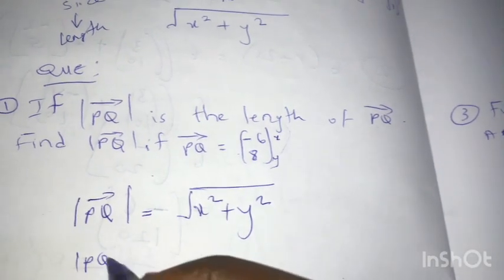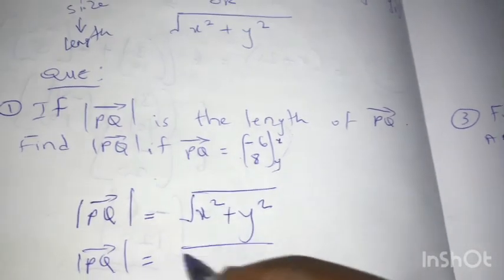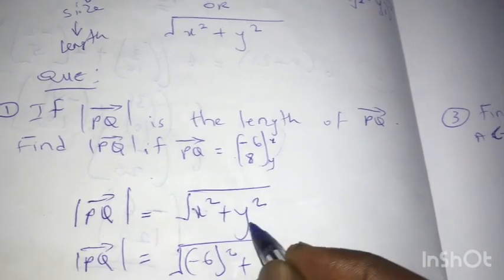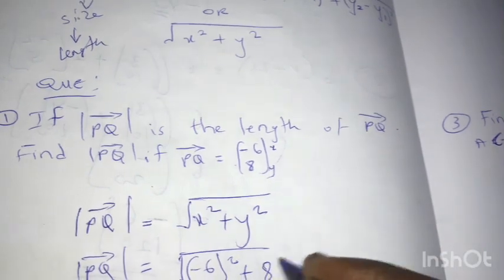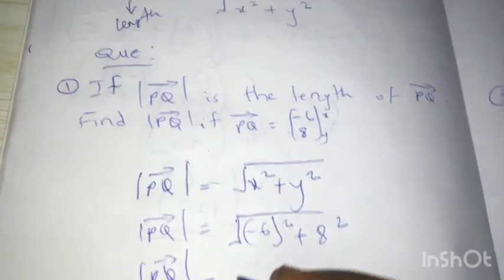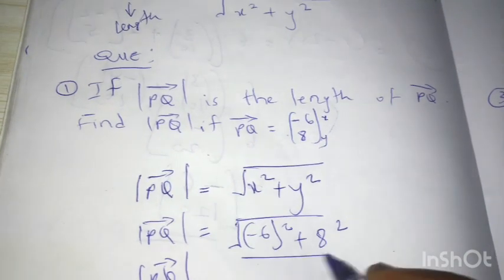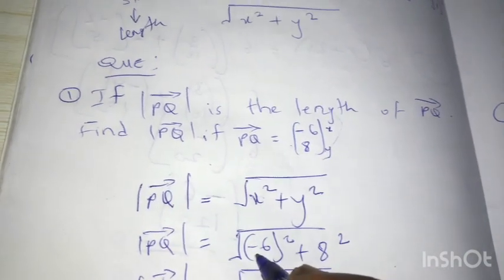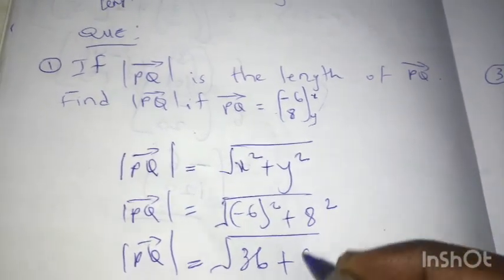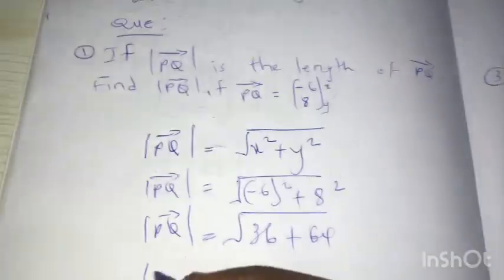So the length of PQ is the square root of x, negative 6, squared, plus y, 8, squared. Negative 6 squared is 36, plus 8 squared is 64.